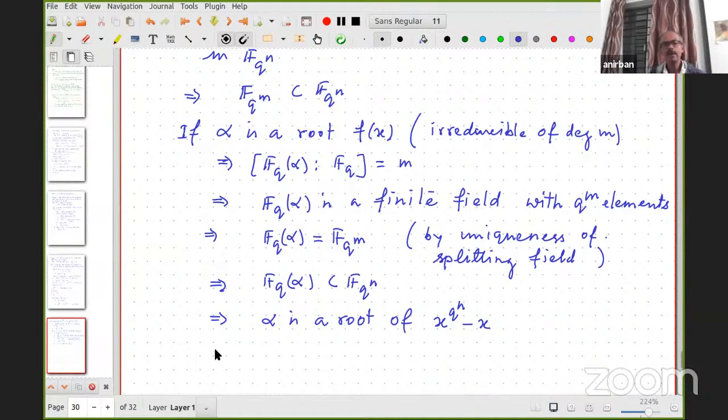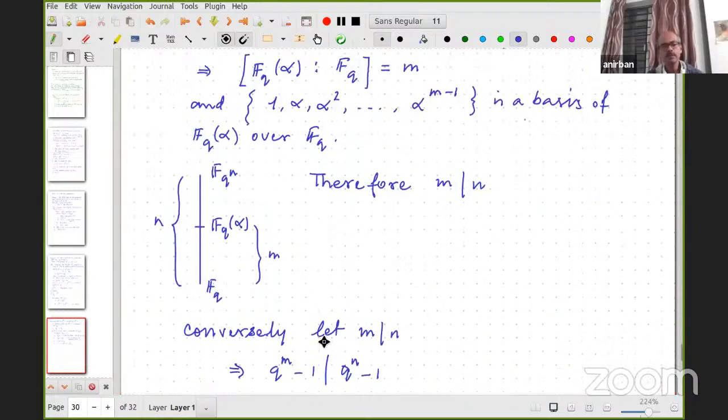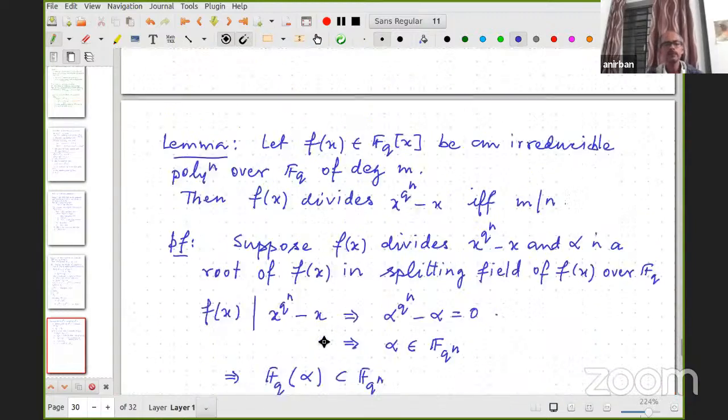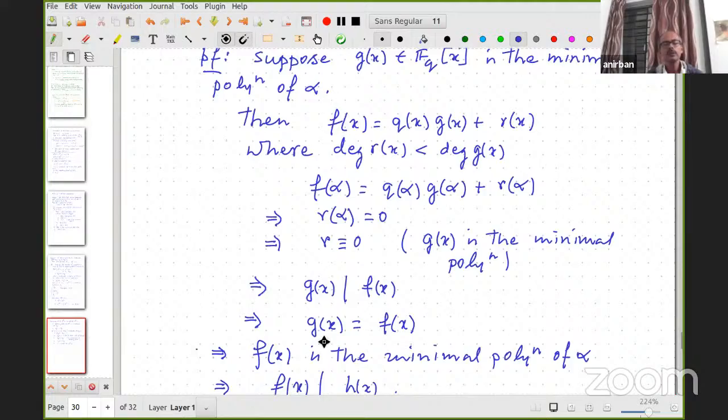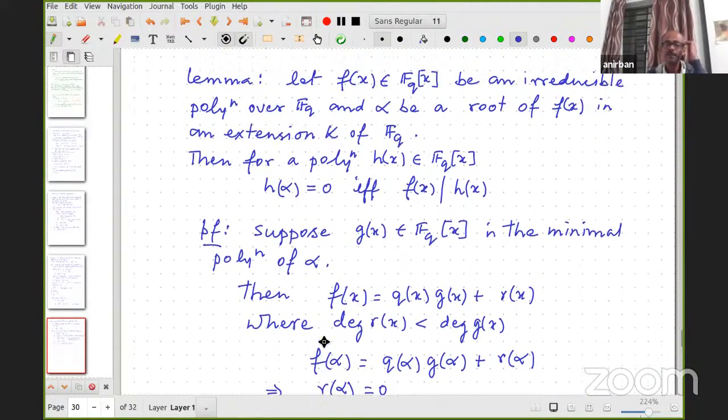And by the last lemma, let's just see the last lemma. This is what we have proved there. It says if you have an irreducible polynomial f(x) and alpha is a root of f(x), then if alpha satisfies some other polynomial in any extension, f(x) has to divide that.